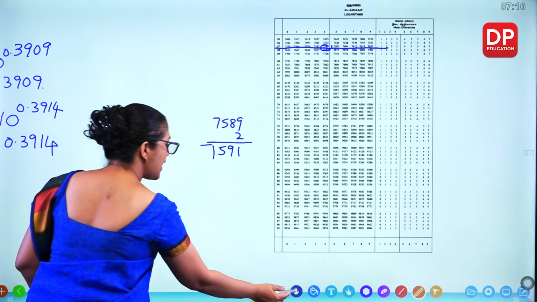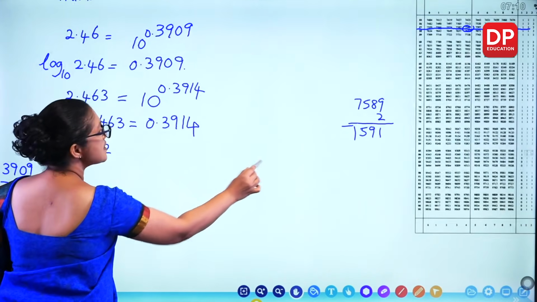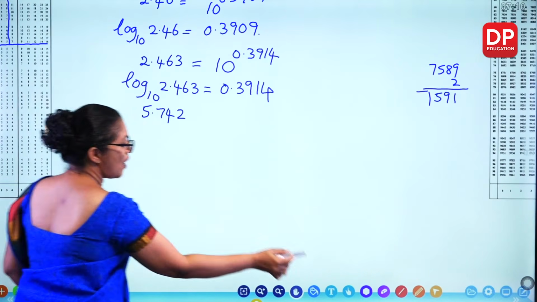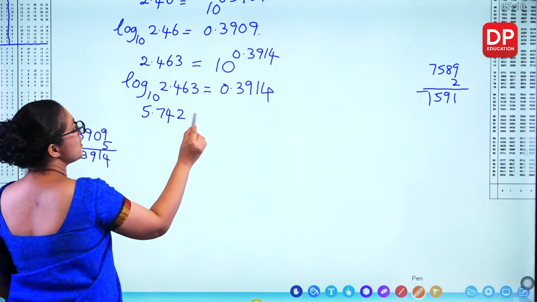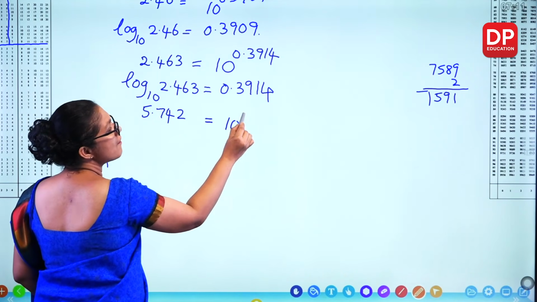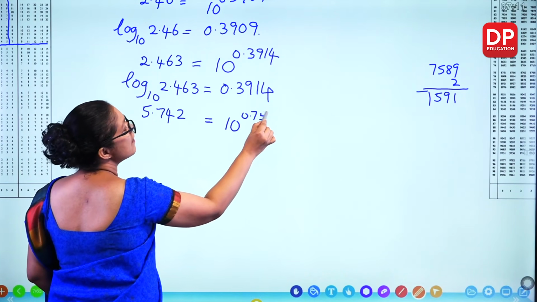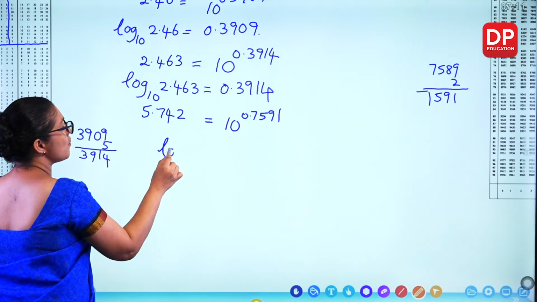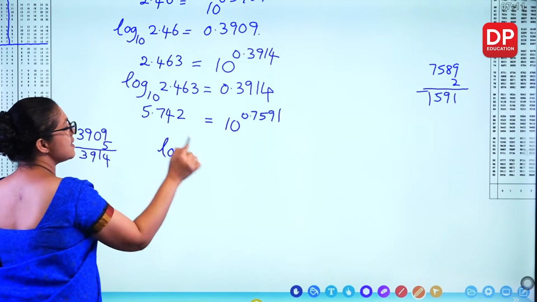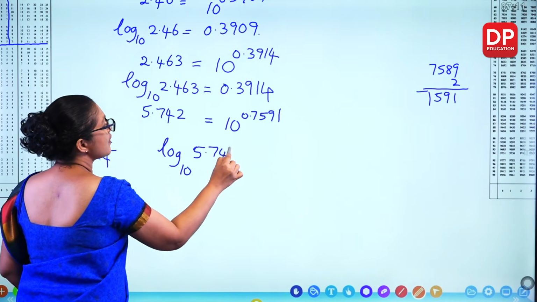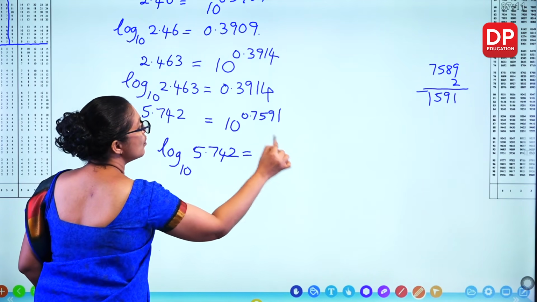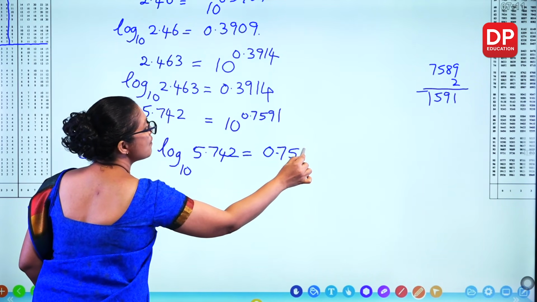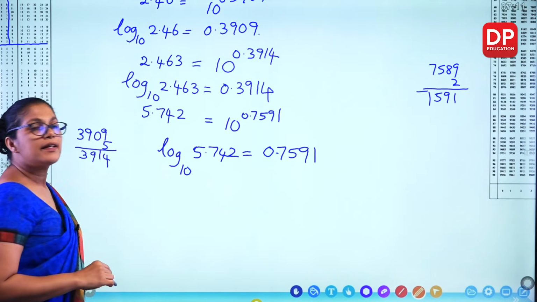So we can write this one as 10 to the power 7, 5, 9, 1. So what's the logarithmic value? Log 10 base the number is equal to logarithmic value 0.7591.